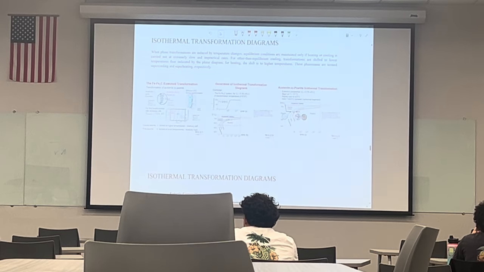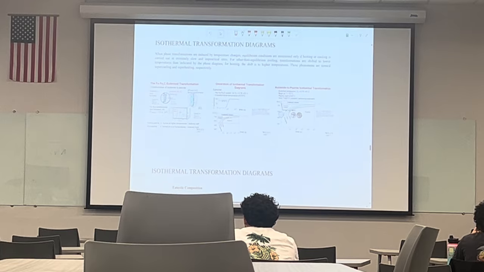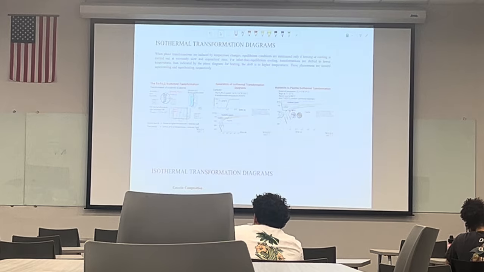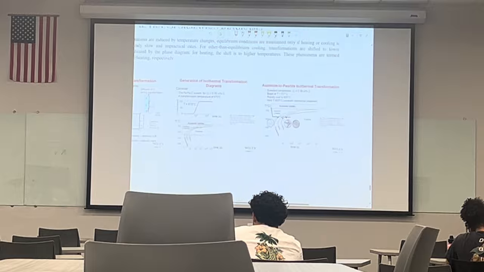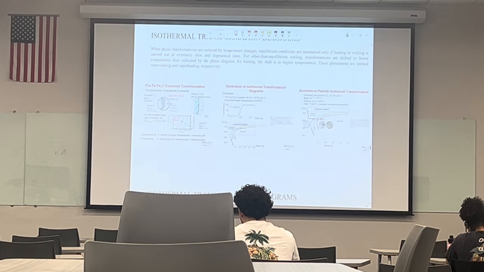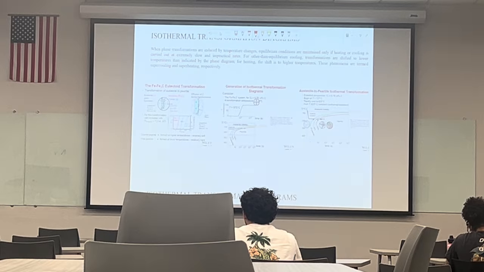So we are moving to the next part, but this is also important. Isothermal transformation. Right? So far you have seen phase diagrams. I believe you have the concepts of supercooling and superheating in your slides.